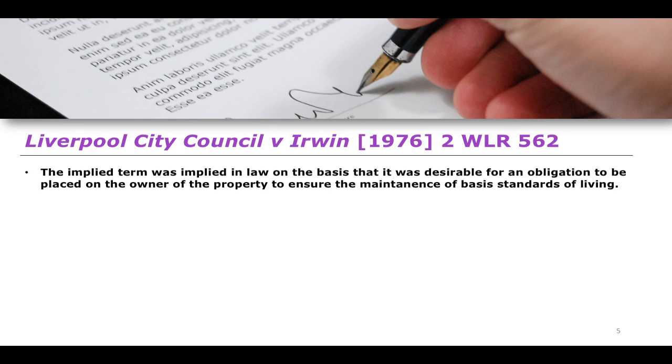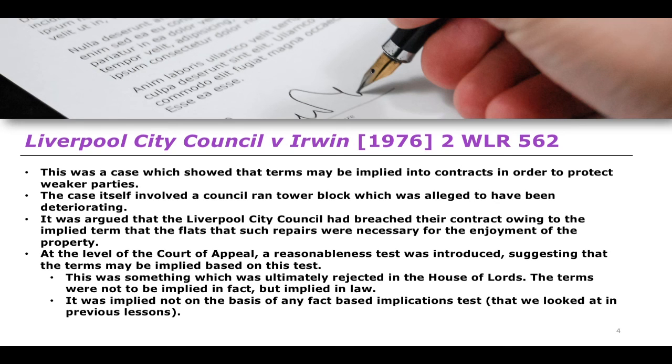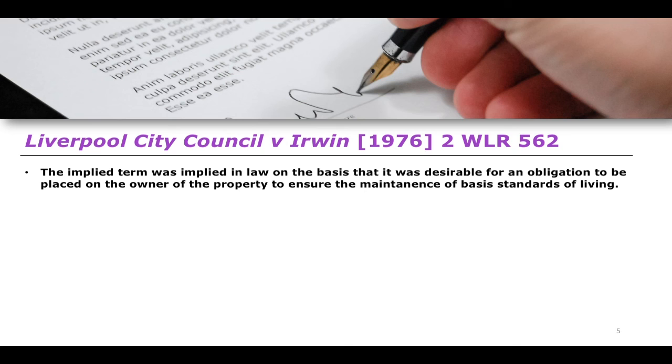And so it was irrelevant as to the intention of the parties, whether or not they intended for this contractual term to exist in the contract itself, or any other kind of test that may be introduced on the basis of facts, like a reasonable person test or a reasonableness test for the enjoyment of the property. Instead, it was an obligation in law on the basis that there should be this obligation for the owners of such property to ensure that the maintenance of this property was up to the scratch of the basic minimum standards of living.